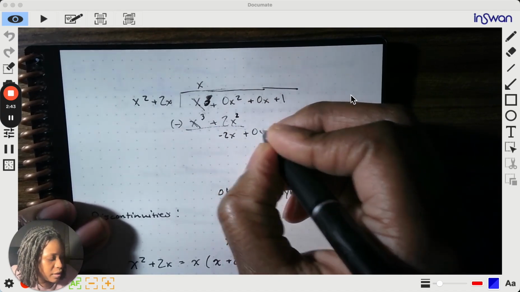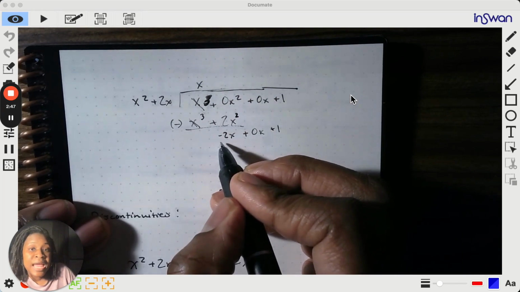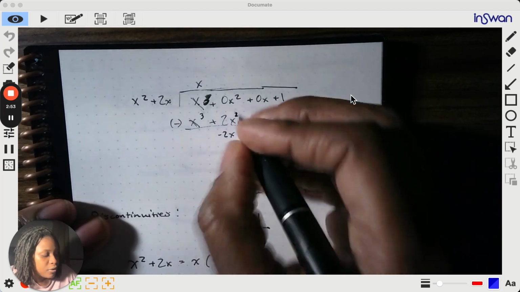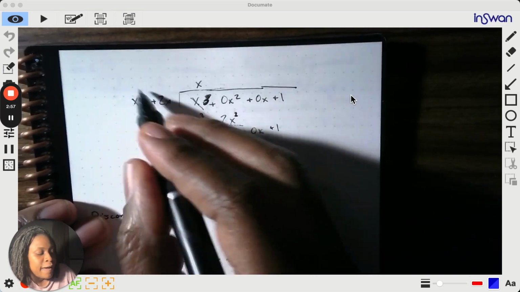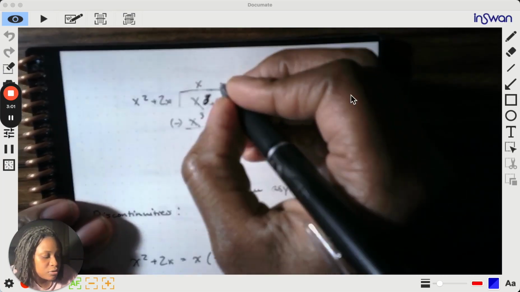plus 0x plus 1. Now to get rid of this negative 2x squared, the only way I can do that is by multiplying this by a negative 2. And I'll show you why in a moment.